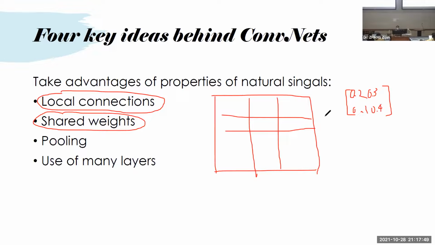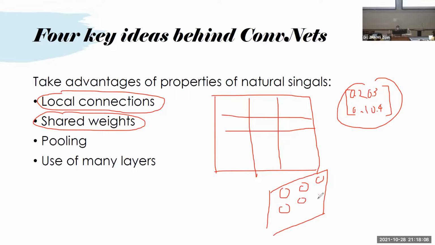And this 2 by 2 kernel is applied everywhere, and these weights are shared by all the kernels when you do the scanning. It's a little bit abstract here, but if I draw another neural structure, then you will understand.